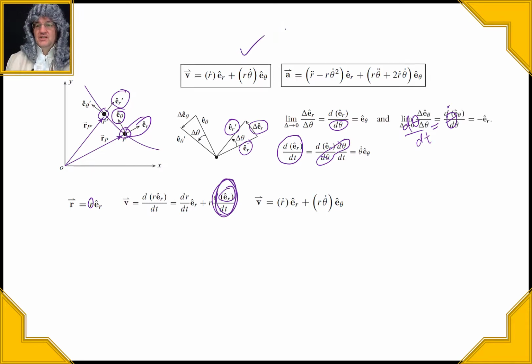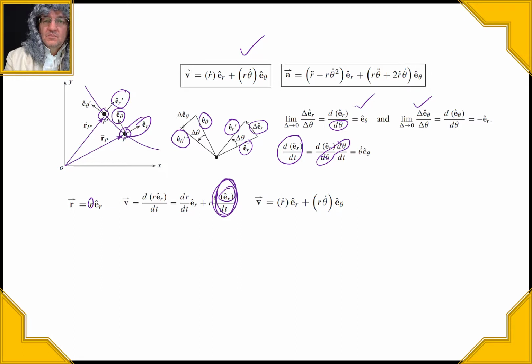Now, I need to erase this up here. If you do a similar thing that we did to this one, do it now to this one. I guess we're jumping ahead, but we'll go ahead and do it. What happens to this when we move from E theta to E theta prime?